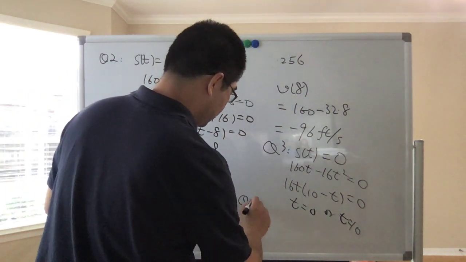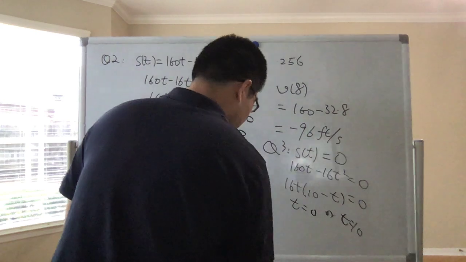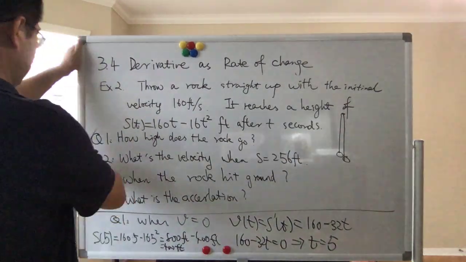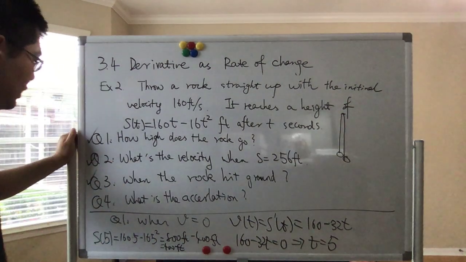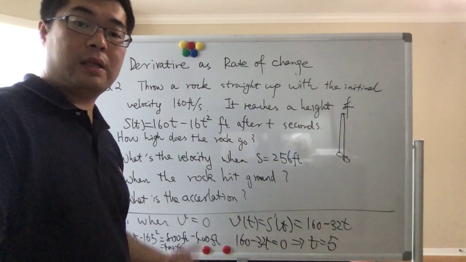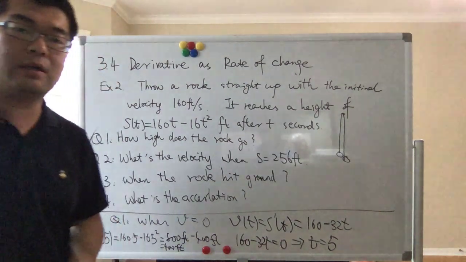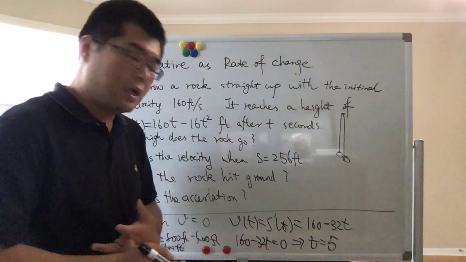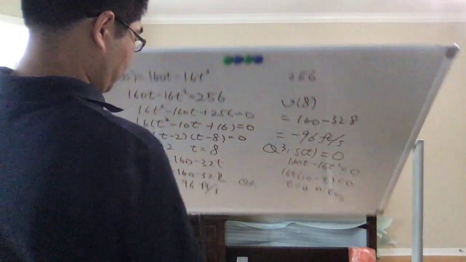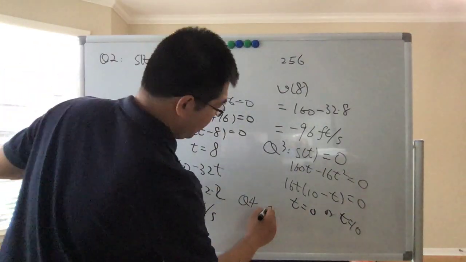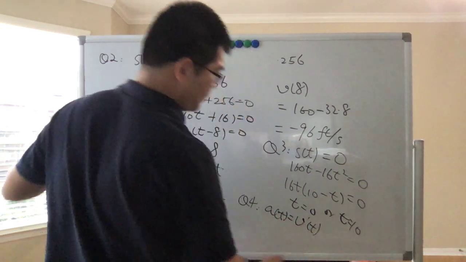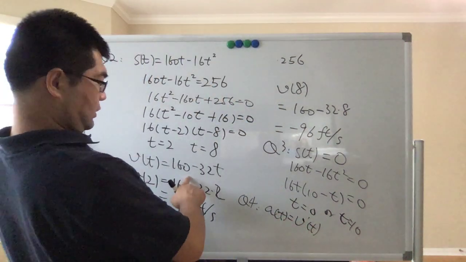Now let's use this little space to talk about number 4. So 2 is finished, 3 is finished. Number 4 asks: what is the acceleration of the rock? As you expect, it's going to be the gravity. The acceleration function equals the derivative of the velocity function, which is here.